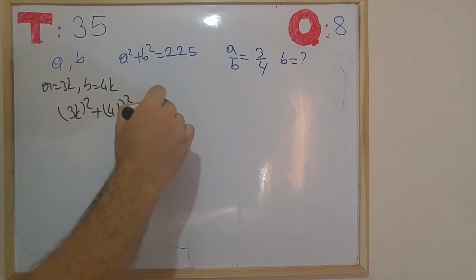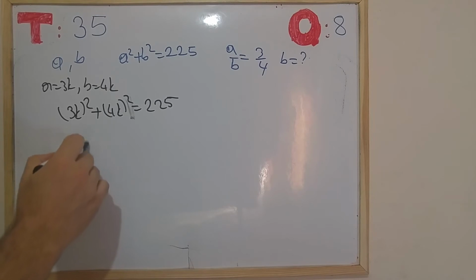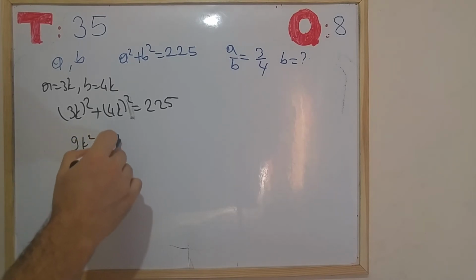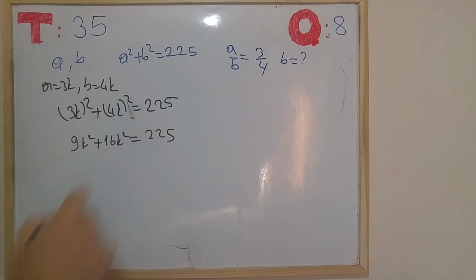is equal to 225. So what I'm going to have here is 9k square plus 16k square is equal to 225. So 25k square is equal to 225.